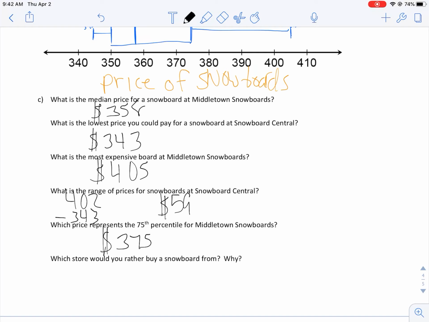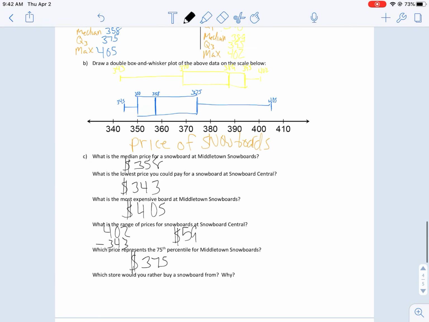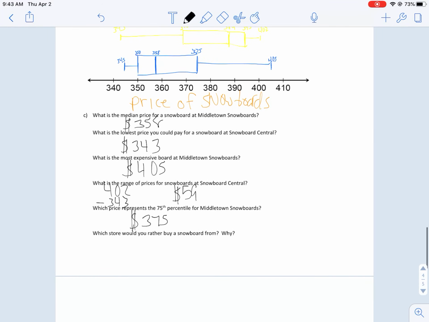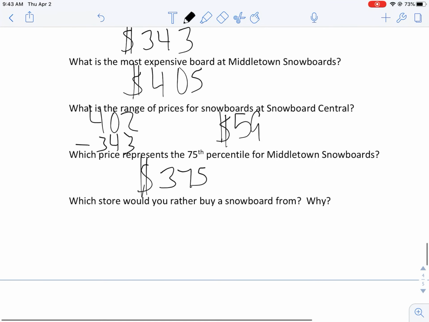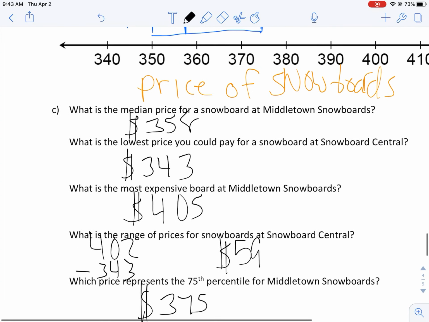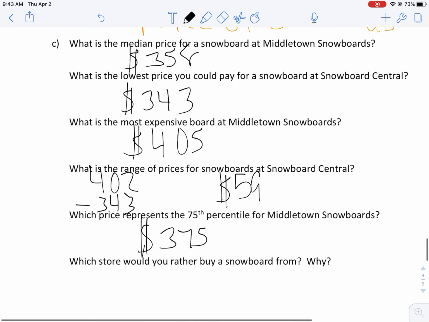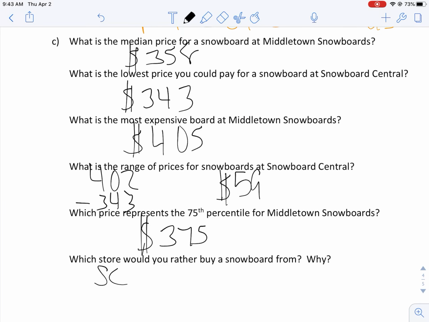Now, this last question, the analysis question, you can say whatever you want. You can be creative. But there's no real wrong way to answer this. It says, which would you rather buy a snowboard from? Well, you could say Snowboard Central.